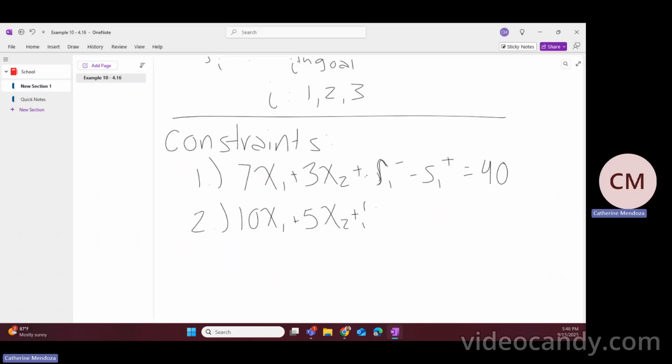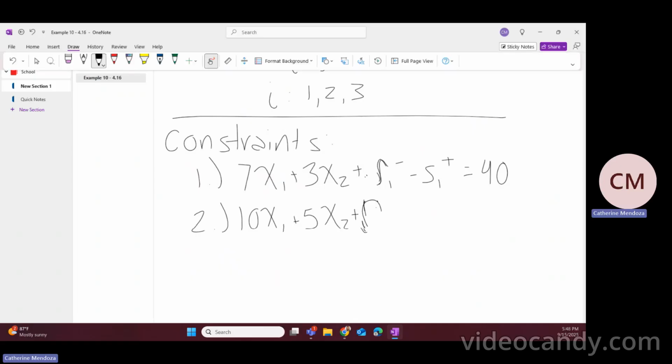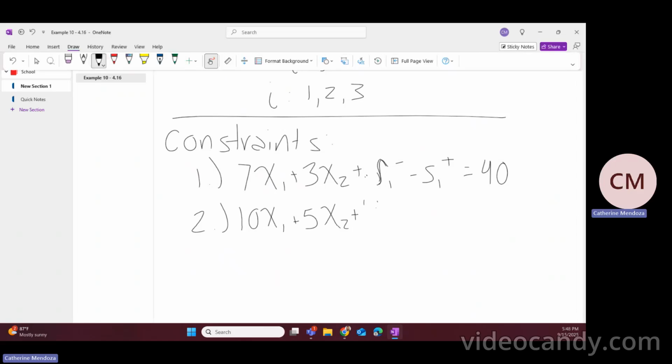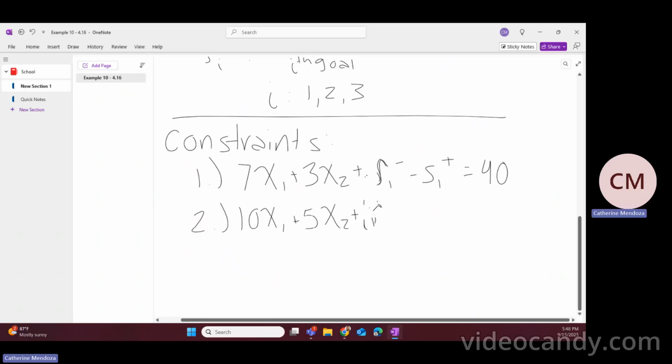Then we need to add our s2 minus and subtract s2 plus. It won't let me draw my s. And we need that to be 60.